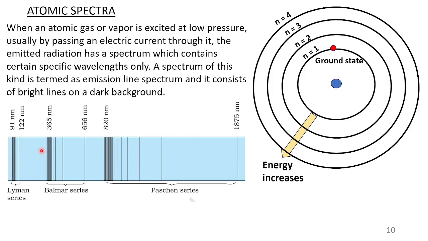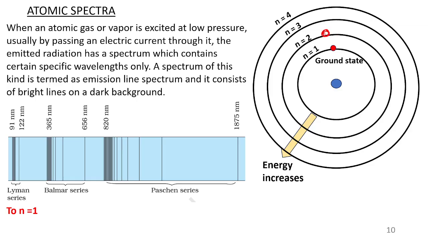We get different types of radiations when the electron jumps from one state to another state. When the electron jumps from a higher energy state to a lower energy state, different types of radiation will be emitted. Suppose the electron is jumping from a higher energy state to n equal to 1.